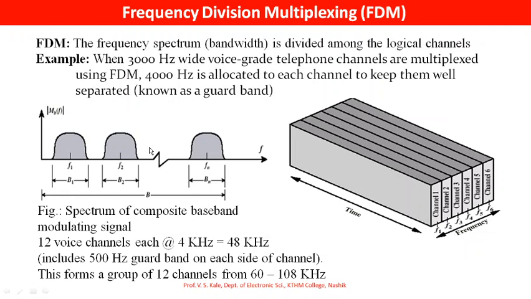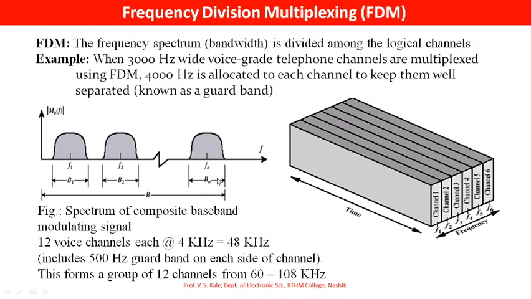Observe this figure. These are the different channels. The channels are separated by using the guard band. For this channel the carrier frequency is F1. The total requirement of bandwidth is B1. For the second channel the bandwidth is B2.